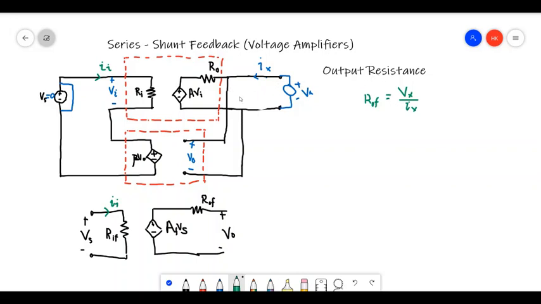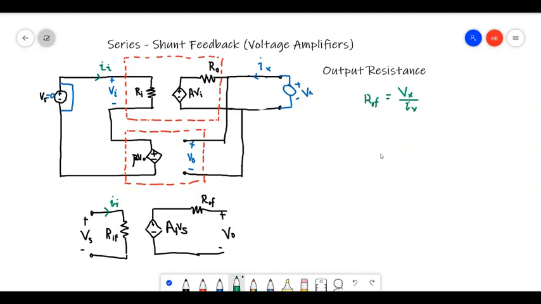Okay, so let's do this. So how do we do this? Here we have Vx, Ix, so we need to find Vx in terms of Ix. That's the easiest way.